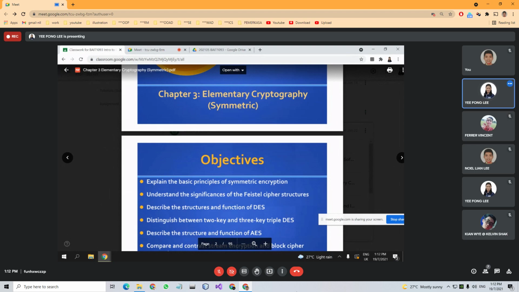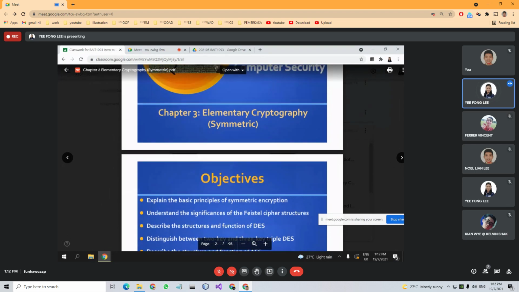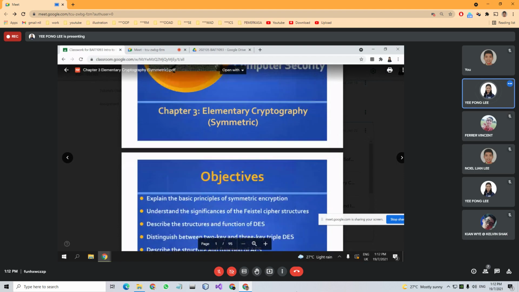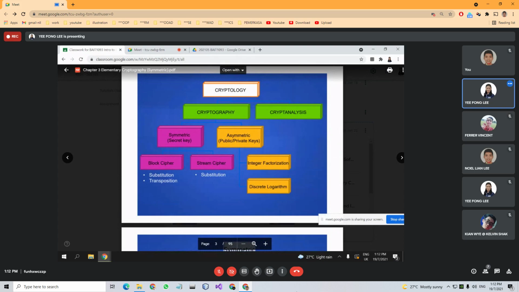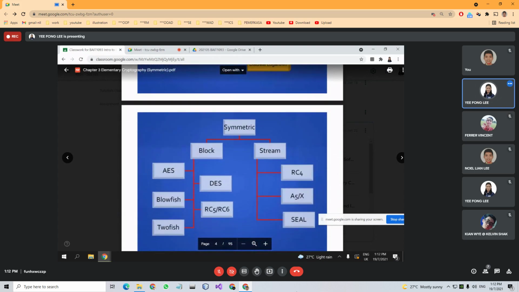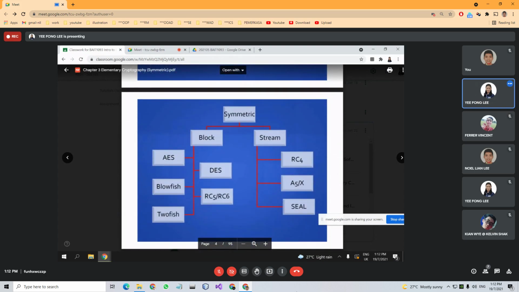Asymmetric cryptography is about the usage of two different keys, one for encryption and another one for decryption. Do you understand? So symmetric encryption has two different methods here, stream and block.